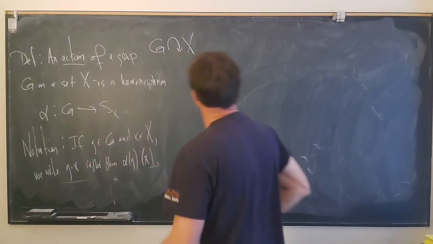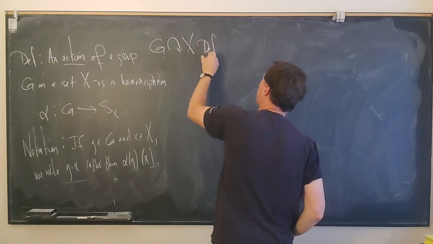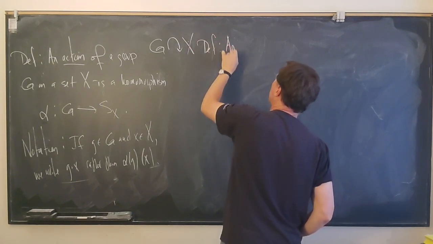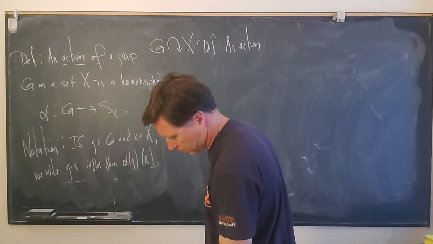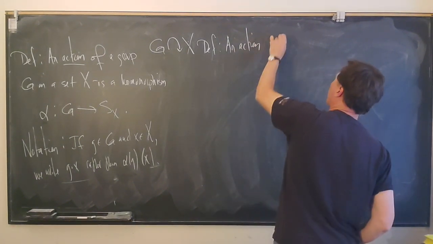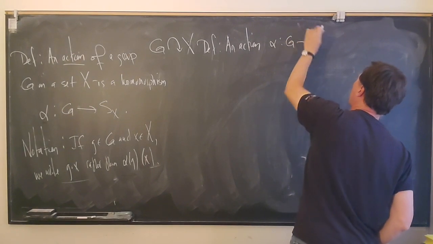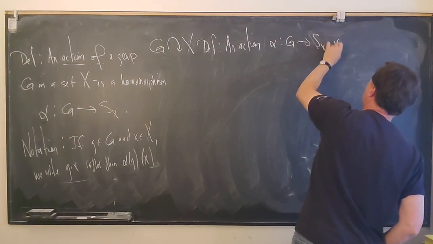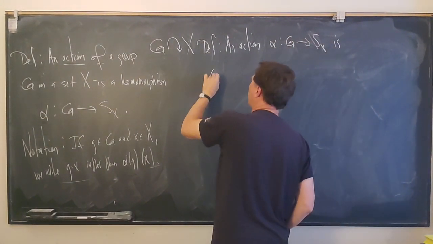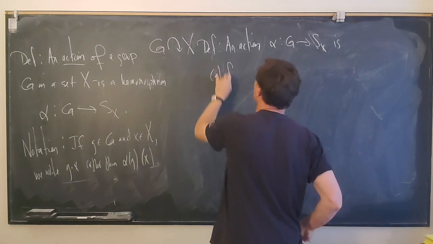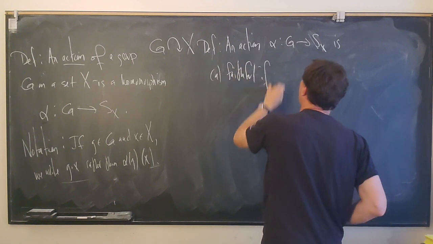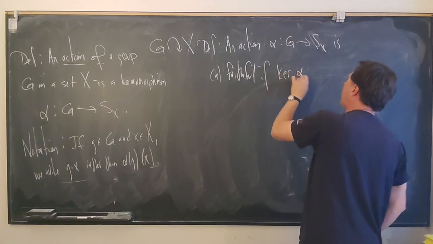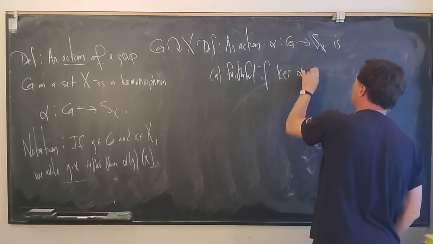A couple of pieces of terminology here. An action, say alpha, from G to S of X is, part A of our definition, faithful if the kernel of alpha is trivial.